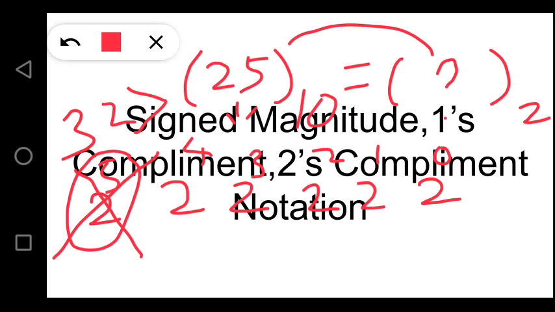2 power 4 is 16, so I can continue. 2 power 0 is 1, less than 25, continue. 2 power 1 is 2, less than 25, continue. 2 power 2 means 4, less than 25, continue. 2 power 3 is 8, less than 25, continue. 2 power 4 is 16, less than 25, continue. 2 power 5 is 32, greater than 25, so stop the process here.